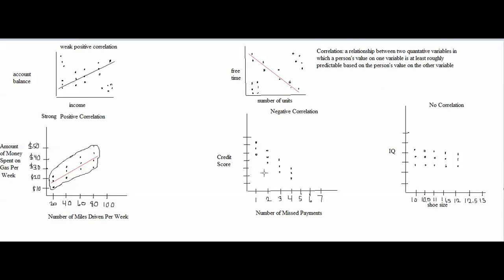In other words, you probably aren't going to find many people down here who haven't had very many missed payments but still have low credit scores anyway. And you probably aren't going to find very many people up here who are missing a lot of payments but still have good credit scores.